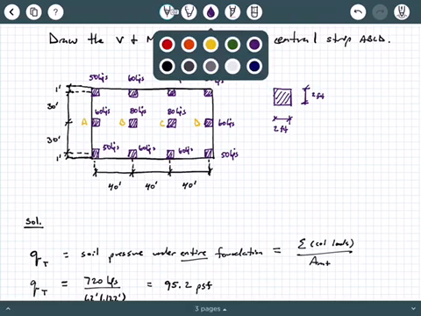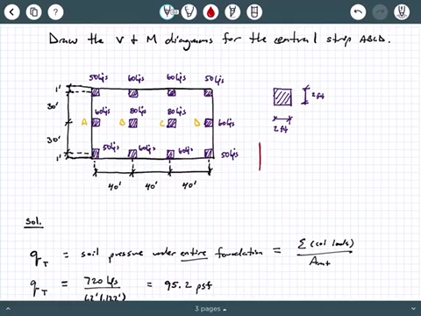In the long direction, I'm going to put some axes here: north, south, east, and west. In the east-west direction, the columns are spaced 40 feet on center, and in the north-south direction, the columns are spaced 30 feet on center. One thing to be careful about is that because they're spaced on center, the distance from the center of the corner columns to the edge is half of the width of the column.